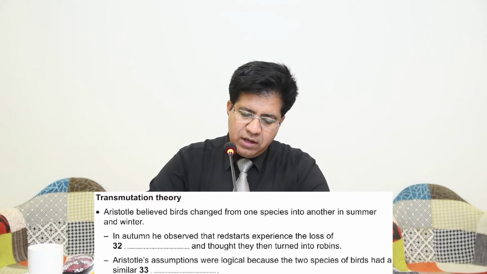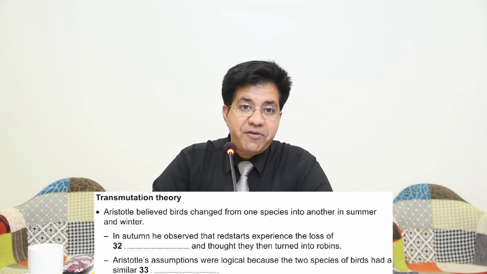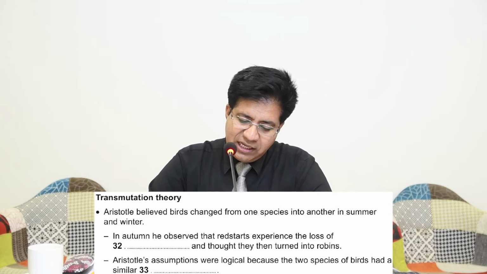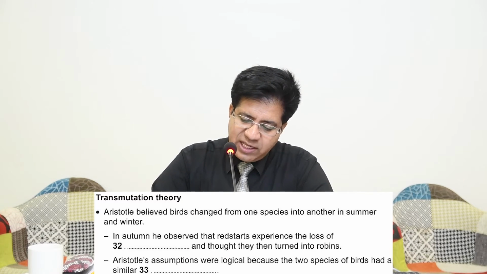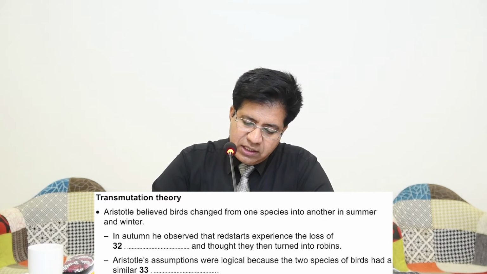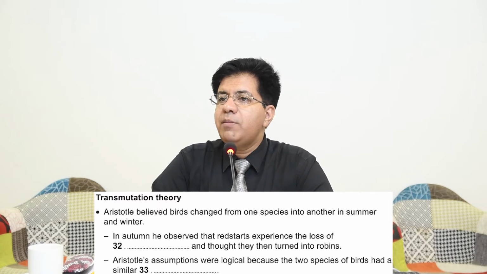Transmutation theory. Aristotle believed birds change from one species into another in summer and winter. See that? They didn't know about bird migration. They used to think like that. In autumn, he observed that redstarts experienced the loss of dash. Now listen, redstarts is actually a bird. We are talking about bird migration, so it could be a bird, right?